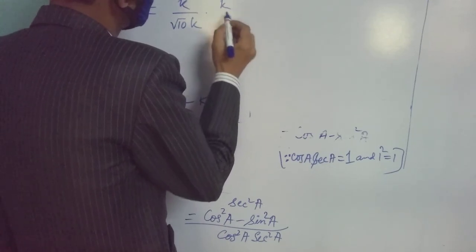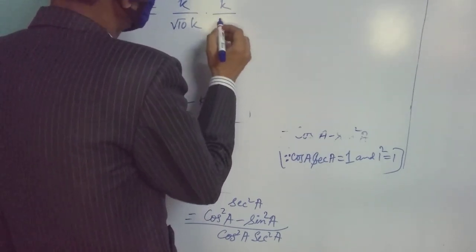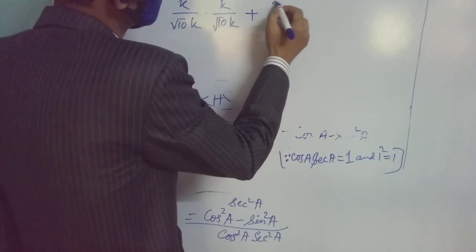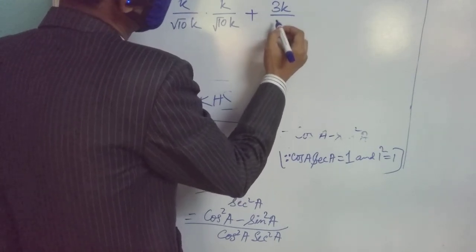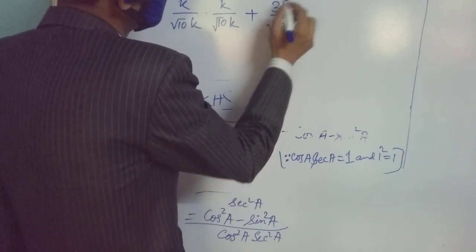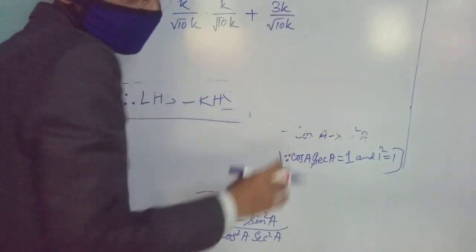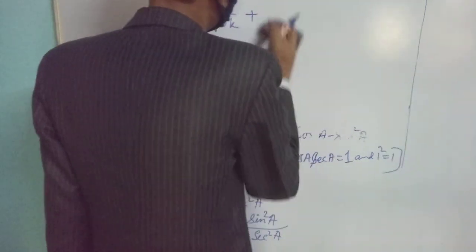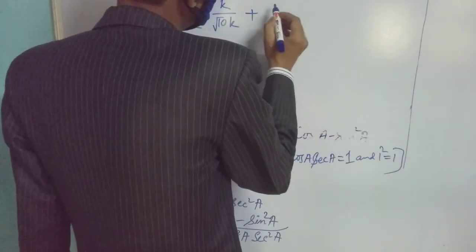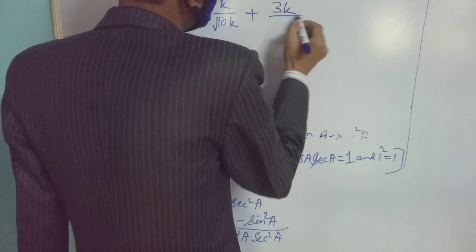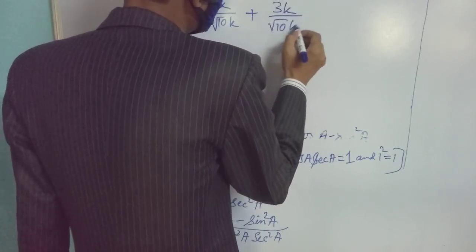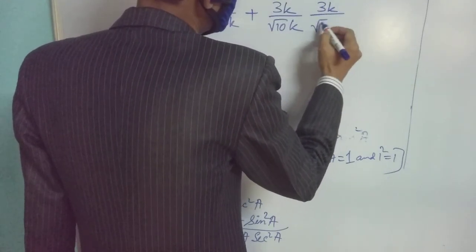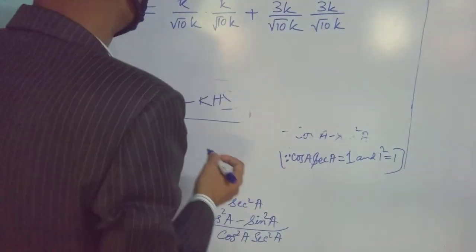Base is k and hypotenuse root 10 k. Cos A is base by hypotenuse, 3k over root 10 k, and sin C is perpendicular 3k by hypotenuse root 10 k. Now cancel out.